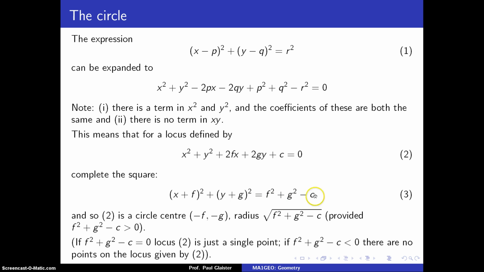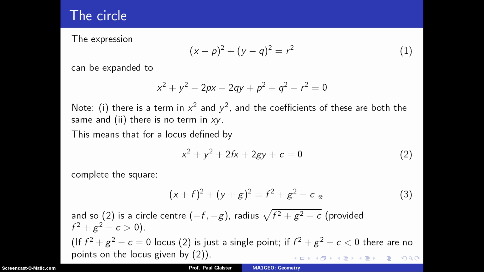But of course, if this quantity here is 0 or negative, then there is no radius. It's either 0, for which it just represents a point, or it's negative, for which the square root of this expression is not real and there is no circle.